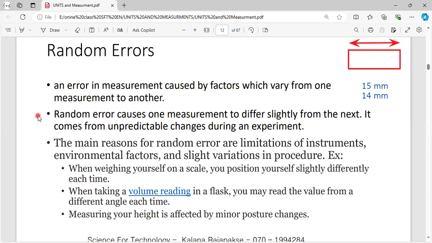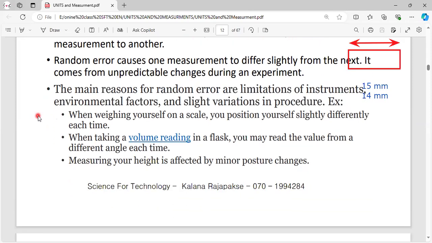It comes from unpredictable changes during an experiment. Scientists find that the main reasons for random error are limitations of the instruments, environmental factors, and slight variation in procedure, right? Regarding the instrument, in their handbooks or the manufacturer data list, a measuring instrument has certain limitations.